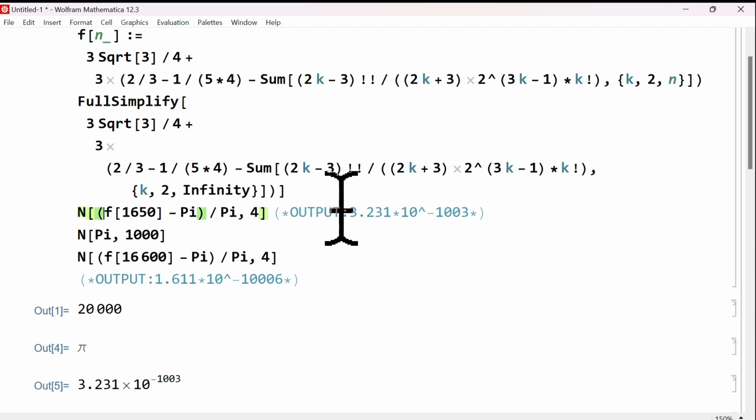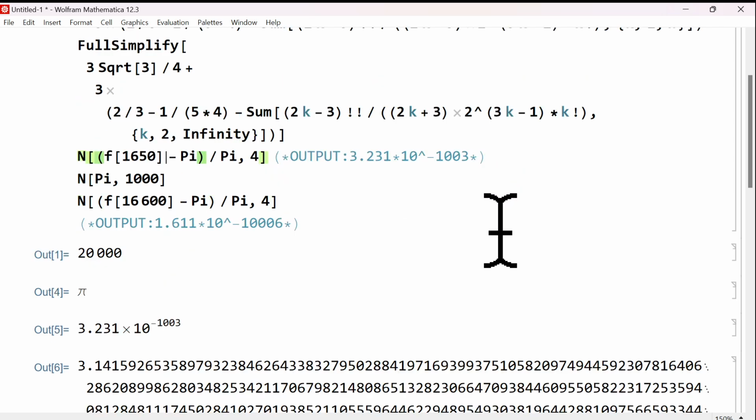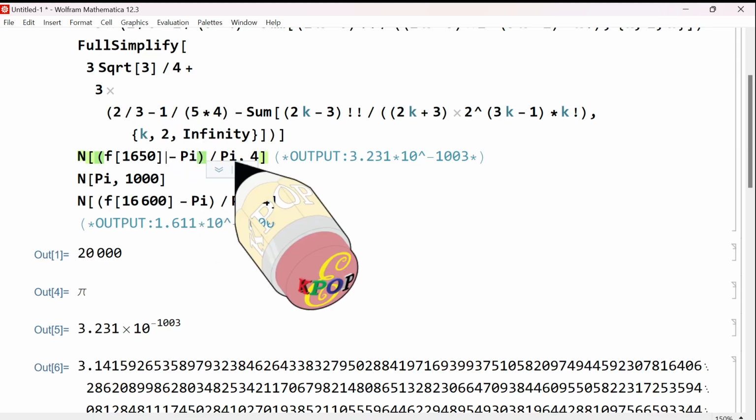As k runs from 2 to a certain number, 1,650. The result is subtracted by the actual value of pi and divided by pi to find the relative error of the numerical calculation.